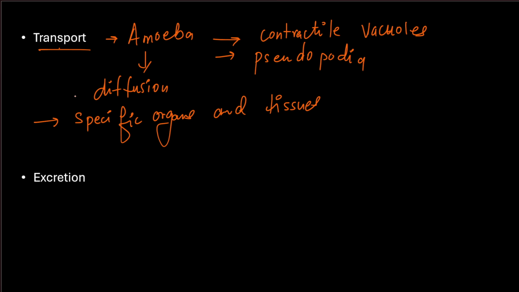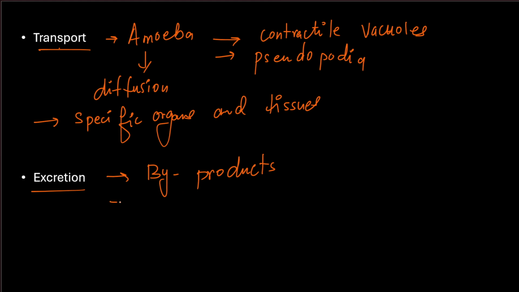Then what is excretion? There are a lot of biochemical reactions taking place inside our body. When we are eating food and the food is being digested and assimilated, there are certain toxic substances which are left in the body, known as byproducts, which are not assimilated nor digested inside our body. Right?